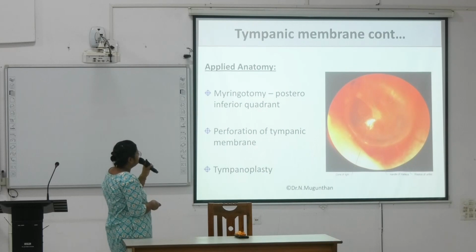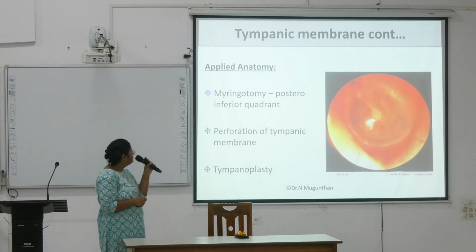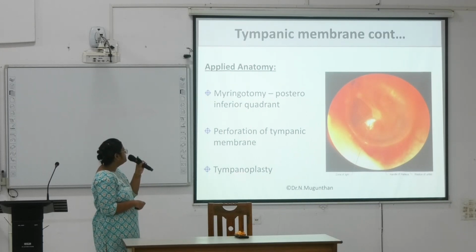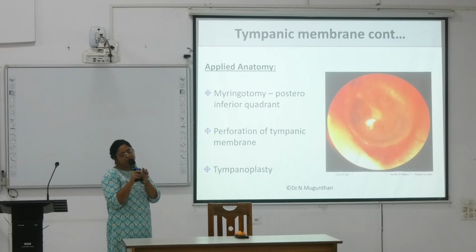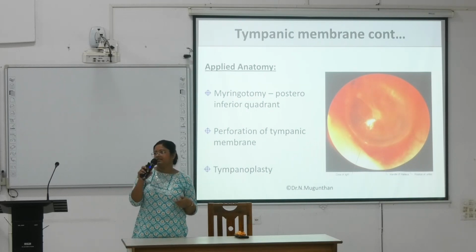Also, in some infection or injury, perforation of the tympanic membrane can occur, and the treatment of perforation is tympanoplasty. Okay, you have to take a graft. The graft can be taken from the deep fascia, mainly from the temporal fossa, the fascia covering the temporalis muscle here near the temple.